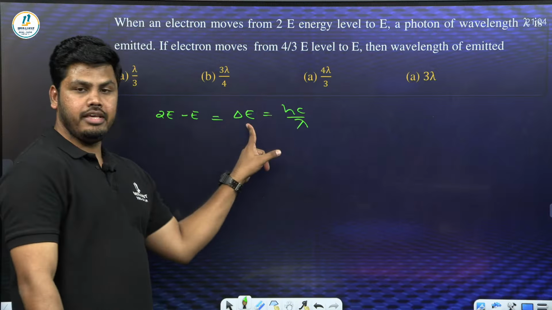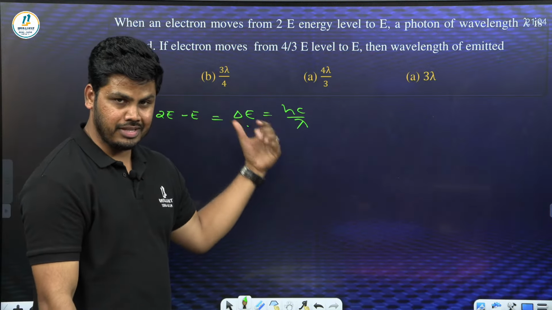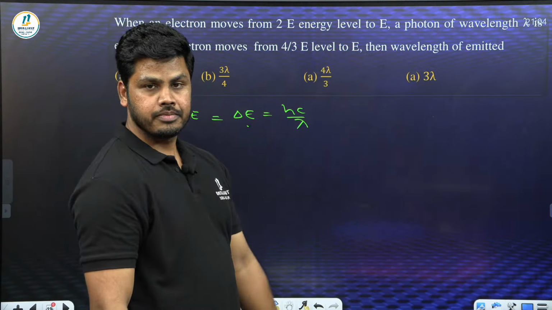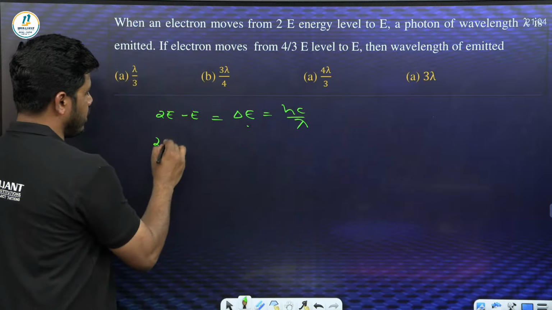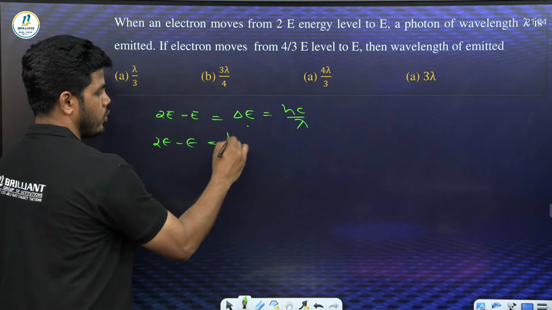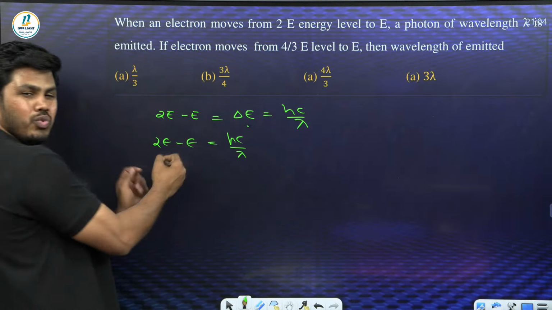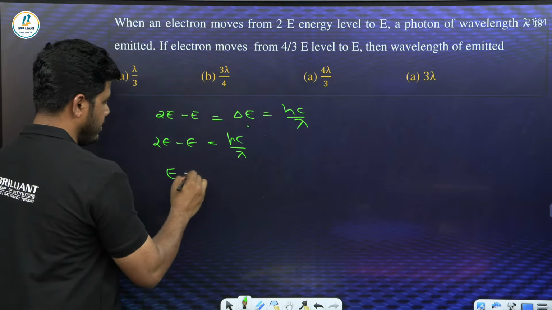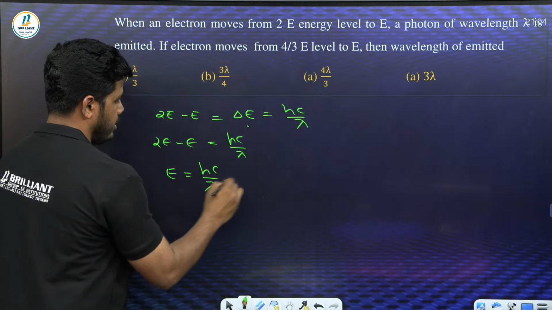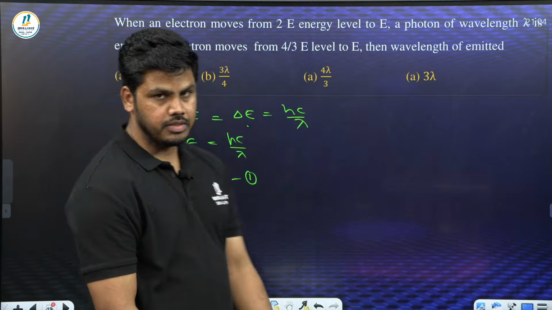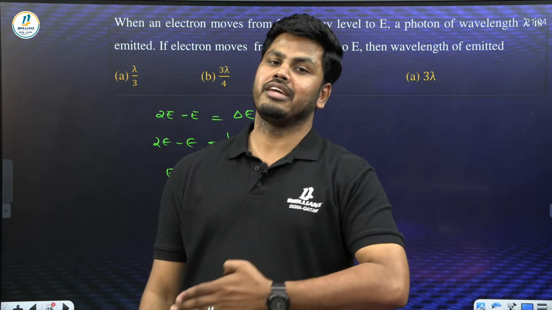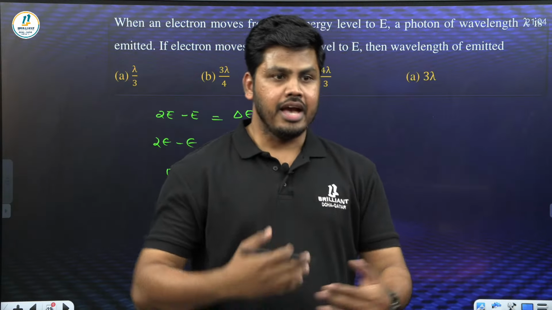So 2E minus E is equal to hc by lambda. What is 2E minus E? It is just E. E is equal to hc by lambda. Equation number 1. We'll form an equation in the same way for the second case, and we'll take the ratio.